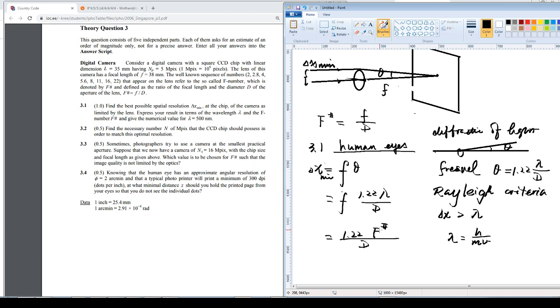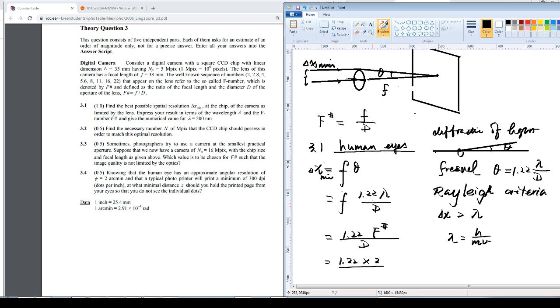So the best resolution will be achieved with the smallest f number. In this camera, it will be 2. Is it 1.22 f sharp times lambda?